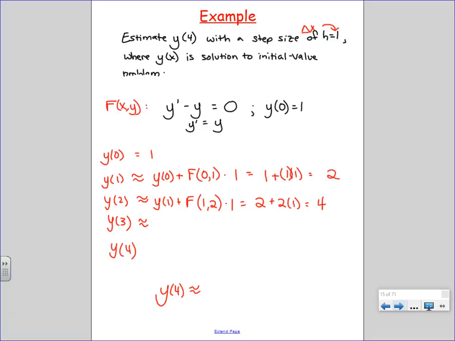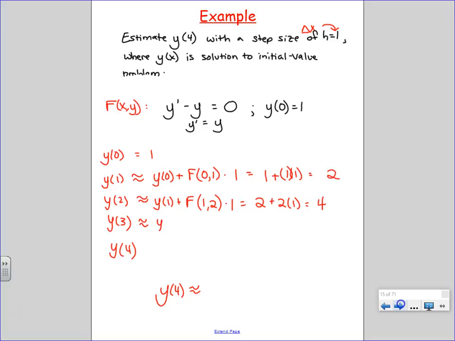Because if the differential equation was x plus y, we would plug in both. So just plug in 1 into the y. And the next one, just plug in the 2 into the y. That's all I have. So that gives you y prime, which is your slope. So then I can go ahead and say y3.